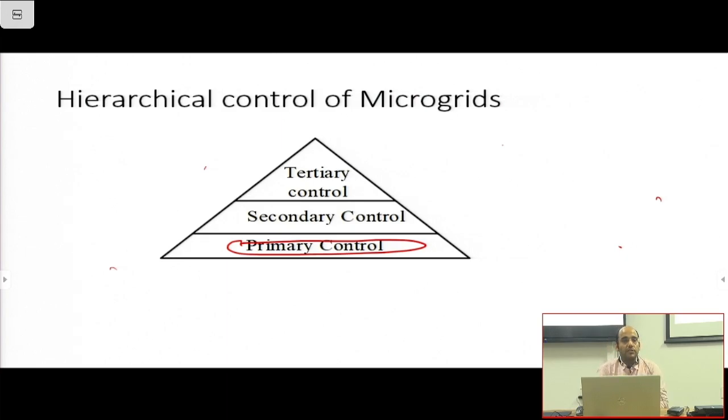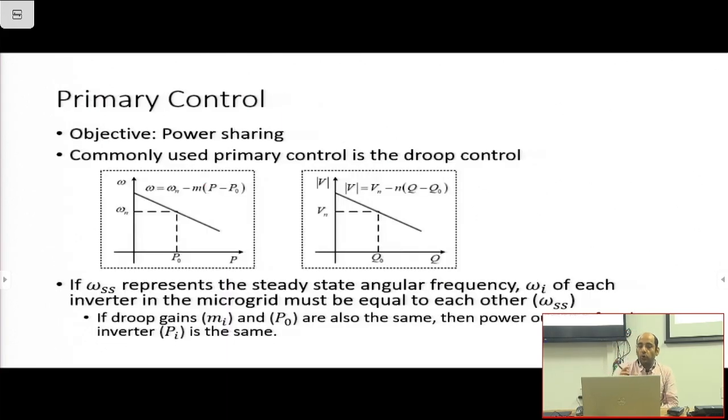So that is the whole concept, that by intentionally changing the frequency of the source, we create an angle difference, or we increase or decrease the angle, that leads to power flow and the power is shared. So that concept of intentionally changing the frequency or voltage magnitude for that matter is the primary level control, and there are various types of primary level control, but the common one, which is basically to change the frequency, is called the droop control.